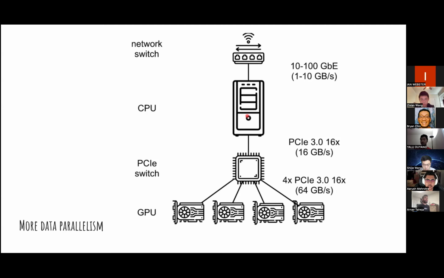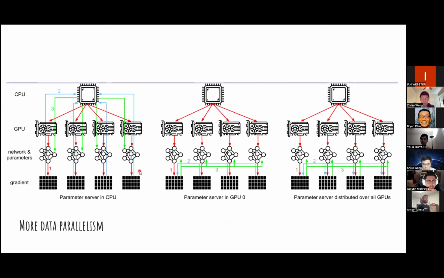Thus, it needs a PCIe switch. Now, you could aggregate the weights differently. You could do that in the CPU, you could do that in one GPU, or you could distribute them across all the GPUs.